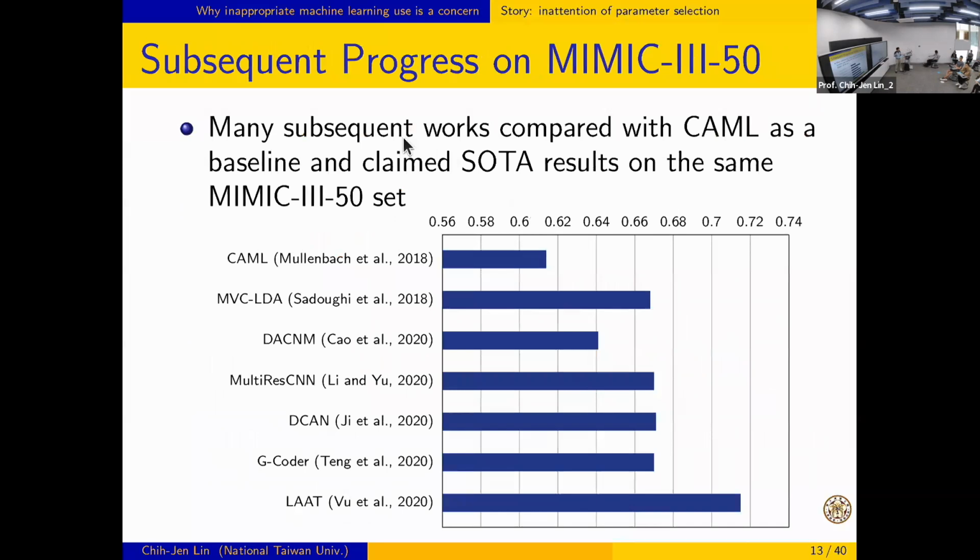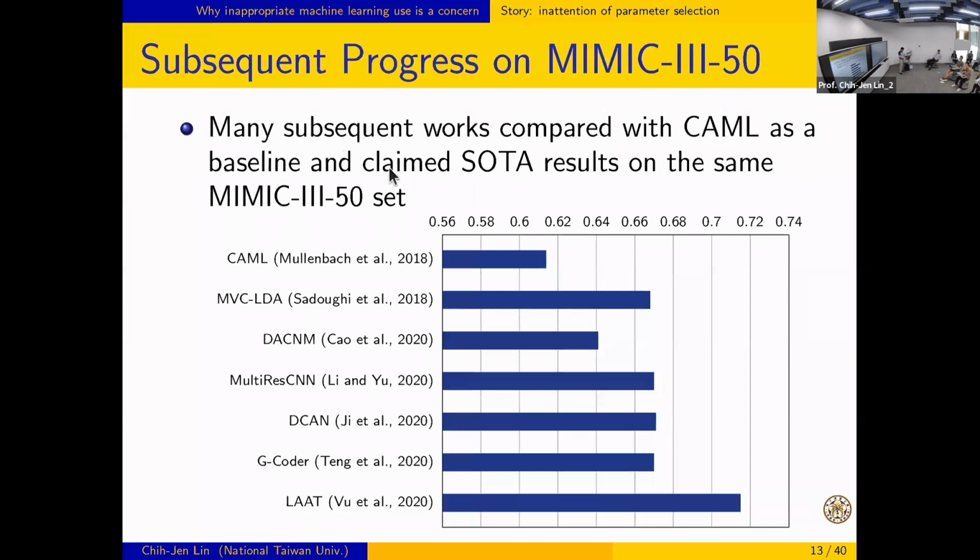After that influential work, many subsequent works proposed new architectures, and they compared their proposed architectures with this CAML architecture. Or in other words, they treat this CAML as a baseline. And after the comparison, of course, their results are better. Therefore, they can claim that they achieve state-of-the-art results.